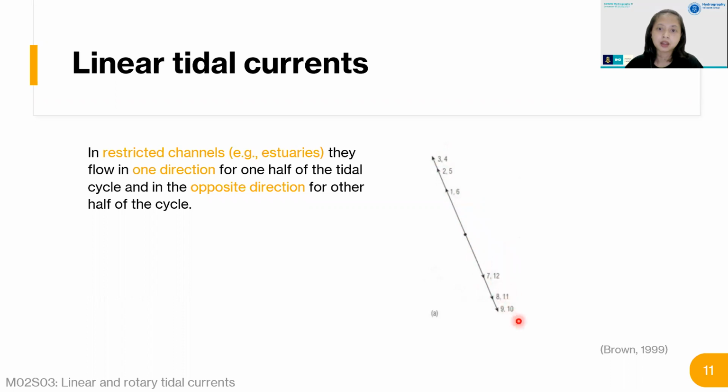So this is at hour 1, 2, 3, and then you've got 4 when it's going back. You've got the slack, and then going back here, and then hour 7, 8, 9, 10, 11, 12, and it's back again. So in 12 hours, it's going that way and it's going that way.